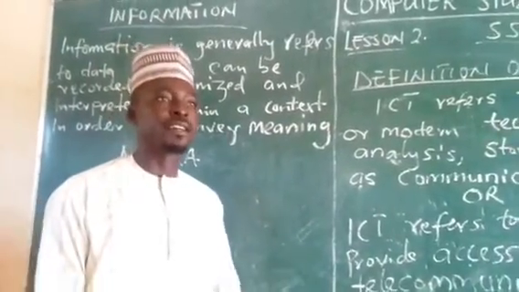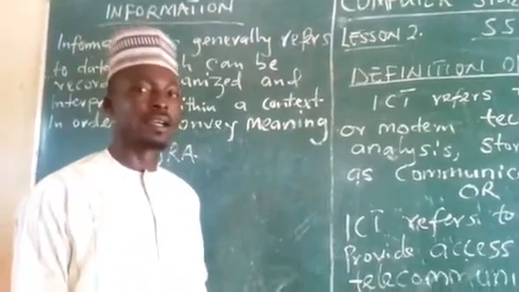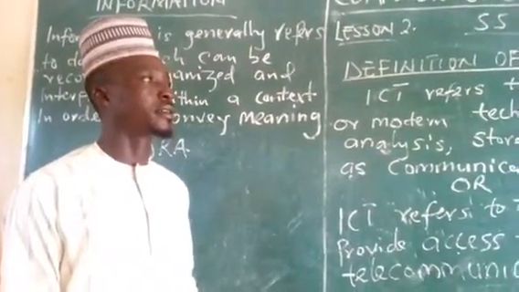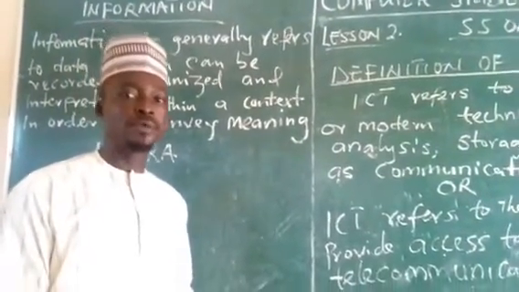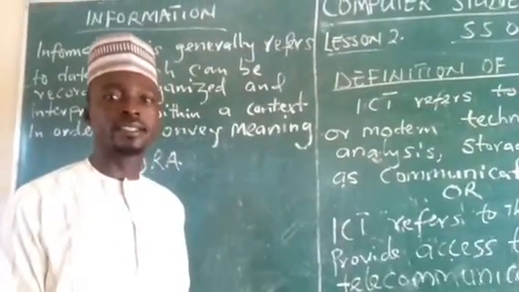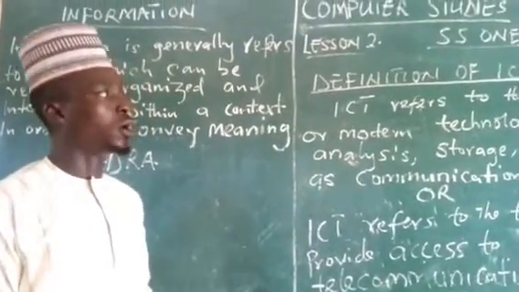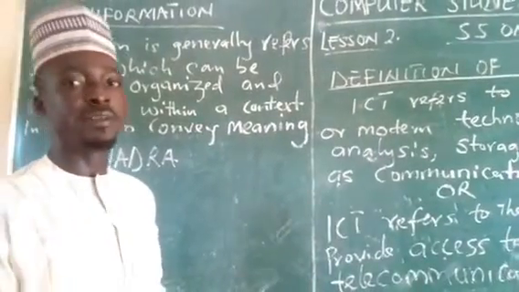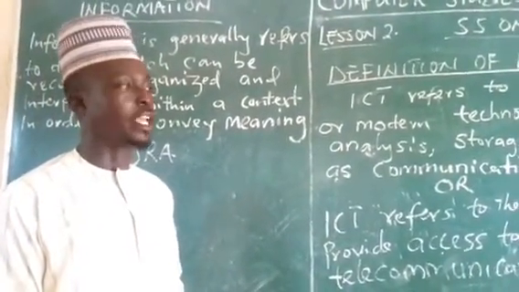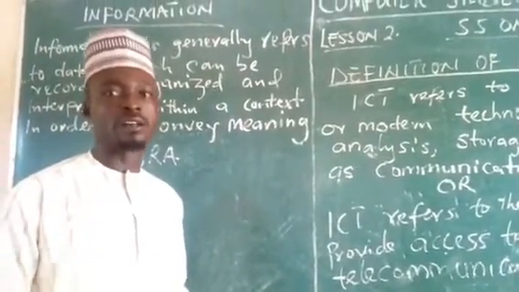We have different types of ICT gadgets like television, telephone, computer, the internet, cell phones, and many more. These technologies, we use them on daily basis in order to interact with our environment or within ourselves.